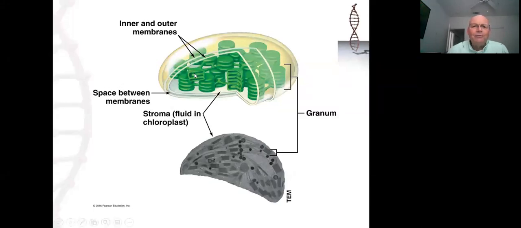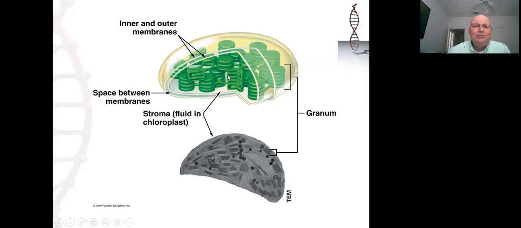So why have all of these folded membranes? To maximize your ability to capture light energy. And light energy is captured by complexes embedded in the thylakoid membranes. And that light energy is then converted to chemical energy by other protein complexes embedded in the thylakoid membranes.